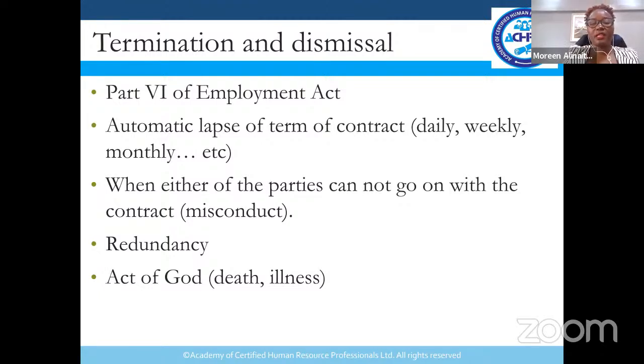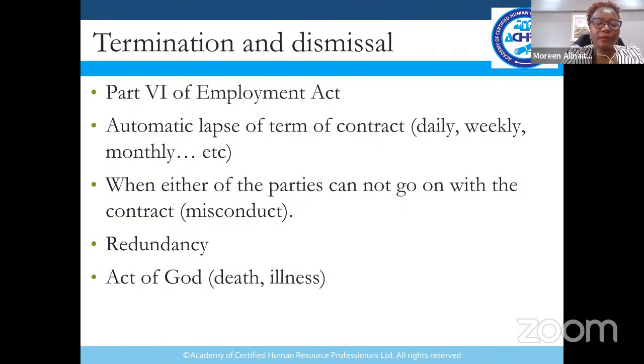When either of the parties cannot go on with the contract, it can also be terminated. For example, if there is a misconduct, okay? If there is a misconduct, you can terminate the contract, and this is normally known as dismissal, all right?